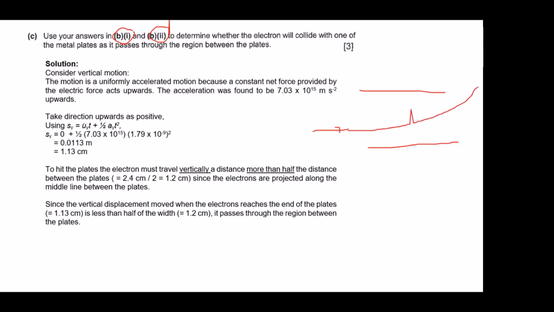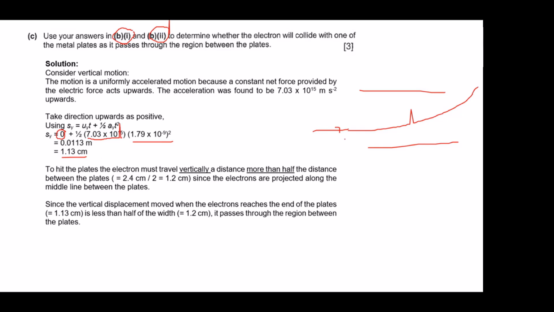Find the vertical displacement: ut plus half at square. My initial uy is 0, because it's moving inwards to the right horizontally. Half ay, vertical acceleration, and this is the time. If you plug in the numbers, you realize that the displacement is about 1.13 cm.